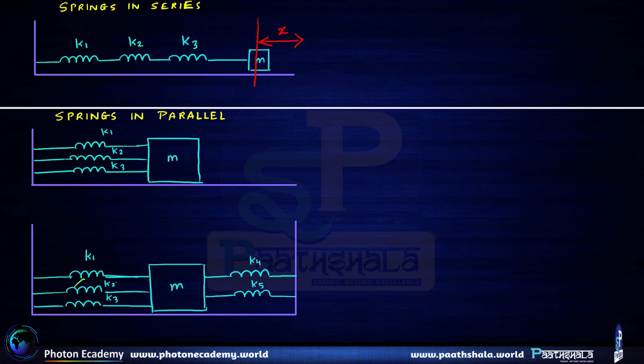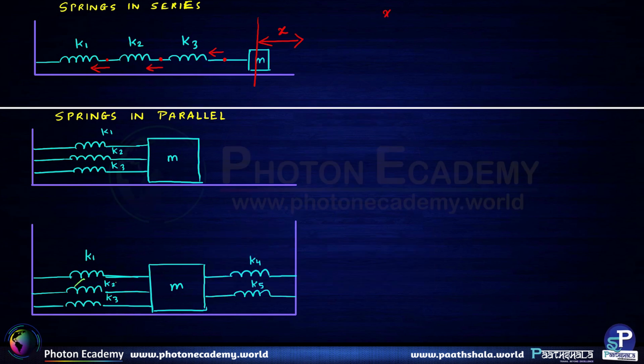In that case the restoring force is going to be the same across all the three springs, and the extension x will be shared by the three springs as x1, x2 and x3. So x1 plus x2 plus x3 is going to be equal to x. We assume the springs to be massless compared to the mass M.